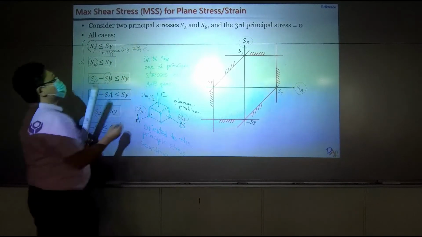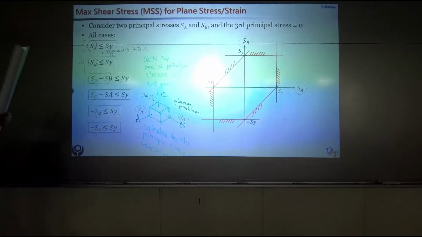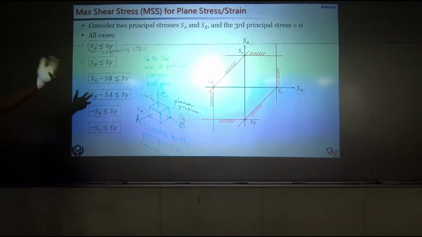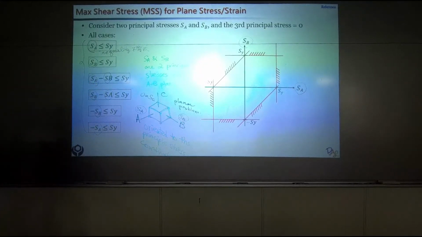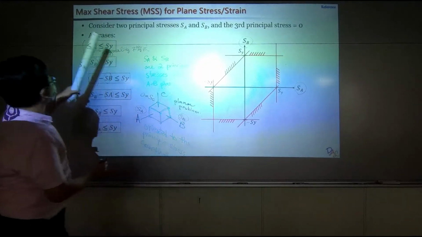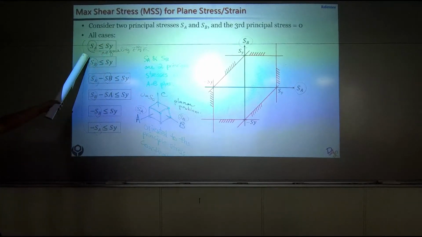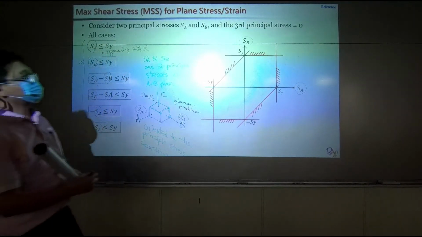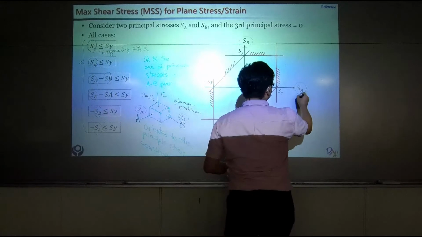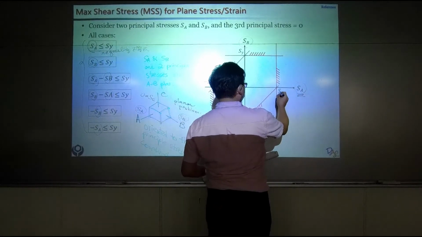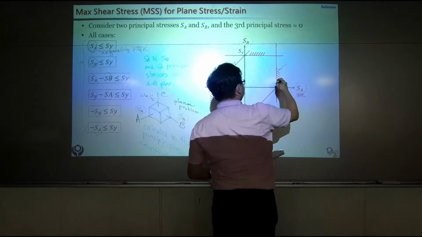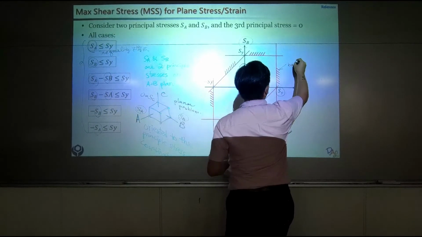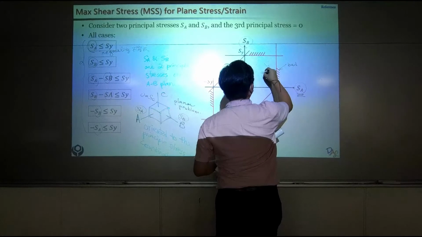They are inequality equations. So when you see inequality equations, that represents one side is not good, the other side is good, right? So let's take a look at the first one. SA must be smaller than SY. So SA right here must be smaller than SY. If this is SY, this hatch is bad. This side is good.